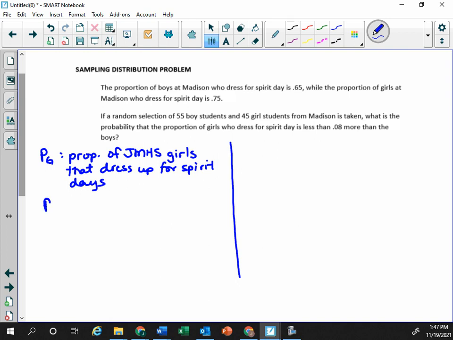And guys, what do we know is the proportion of girls at Madison that dress up for Spirit Days? 0.75, good. So we know that true proportion, okay?